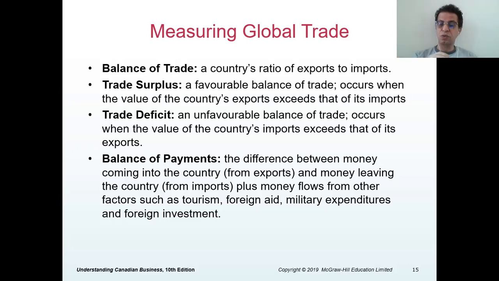These are the sectors where you see the balances and you add them. So, for example, if your people are leaving to see other countries a lot, that means you are exporting. But if people are coming here to see Canada, that's called imports.